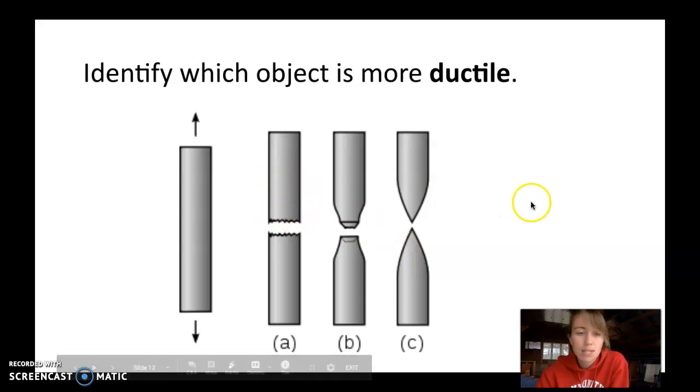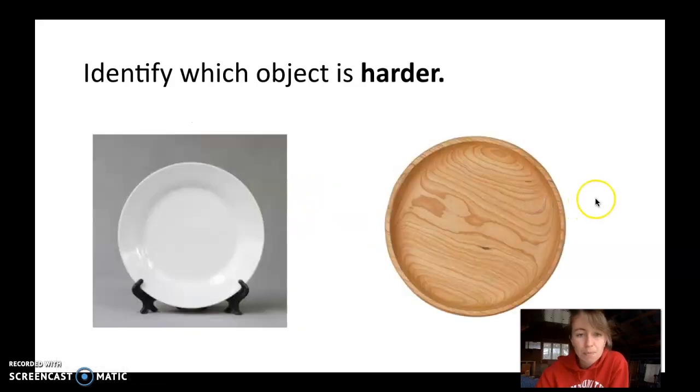So the one that breaks is not ductile. All right, the harder object, this is a little bit tricky. It kind of depends on what type of wood this is, but let's think about if we had a rock. If we scratch that wood, if it's soft wood, then it would definitely leave a scratch, whereas if we scratch the plate, it might not, depending on whether that's real ceramic and what it's coated with.